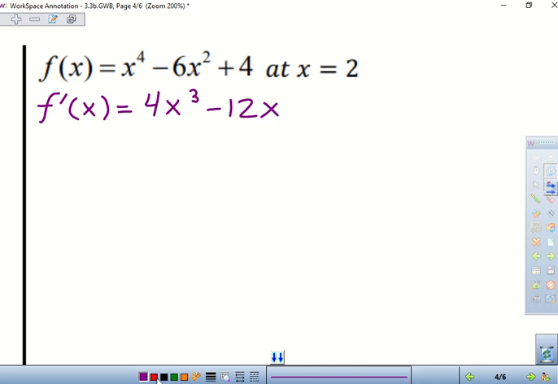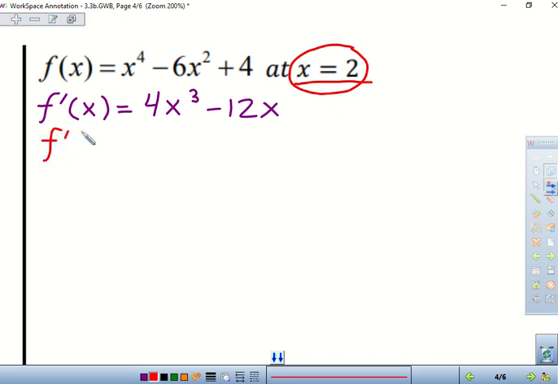Okay. Now, they want to know the derivative at a particular point. Remember, the derivative is the slope of the entire function. You can use the slope of the entire function to plug in to find the slope at any particular point, which is how we get instantaneous rate of change. Since we want to know the slope at 2, what should we do?